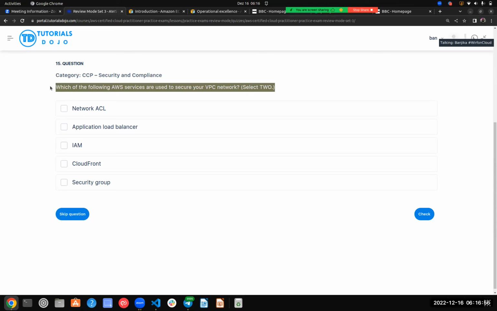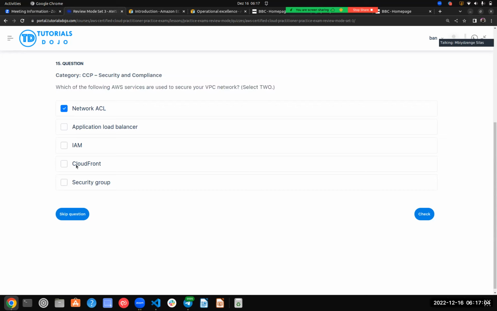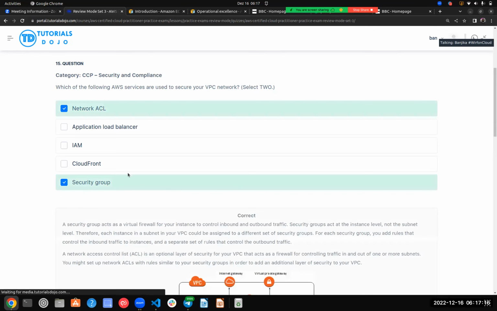Okay. Any different view or support? Yeah, I support her choice. So we are securing the VPC network. Okay, let's check and see. Interestingly, those are the only security in terms of network there.